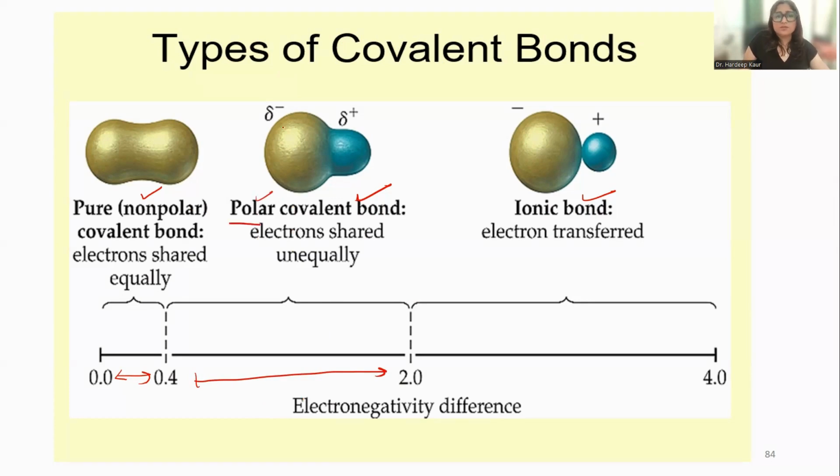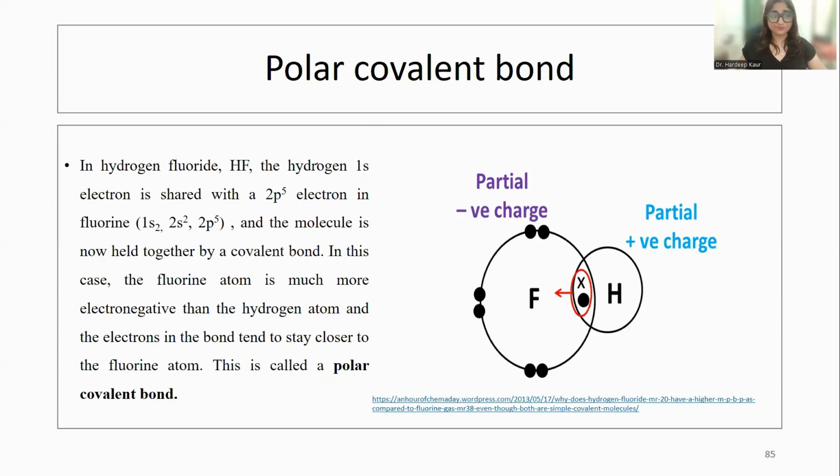Why are we saying polar? Because here the electronegativity difference is a little higher, so there is a small partial charge separation. In an ionic bond there is a complete separation of charges, but here it is incomplete. They are covalent bonds sharing the electrons, but they are a little bit polar in nature.